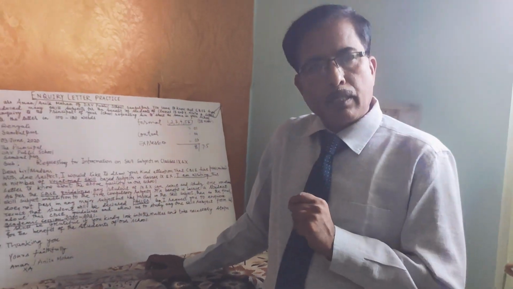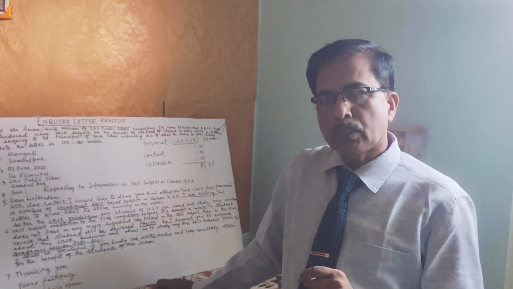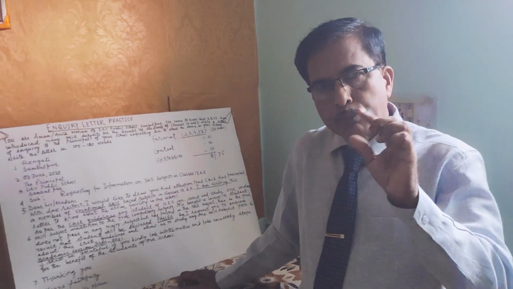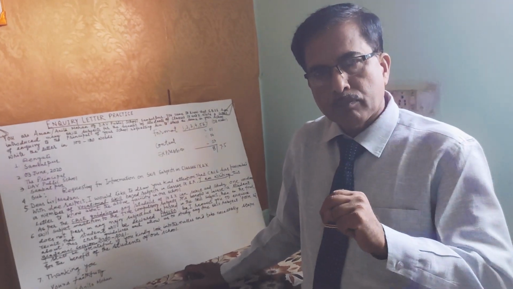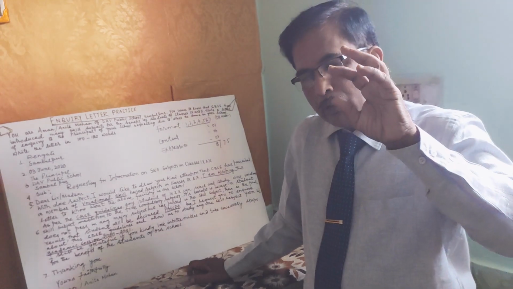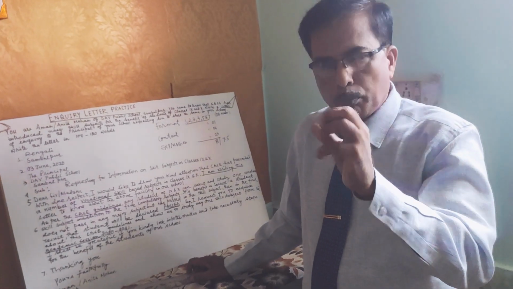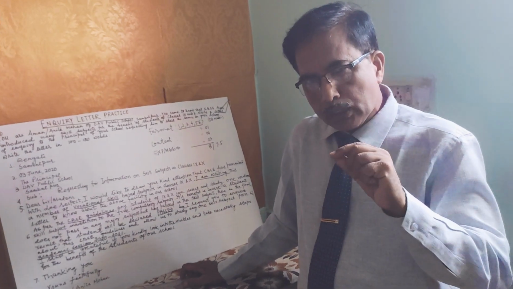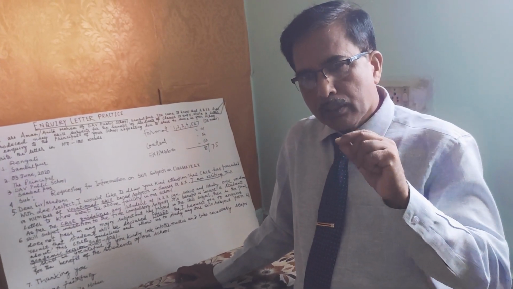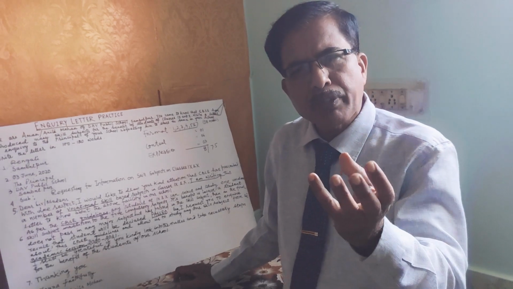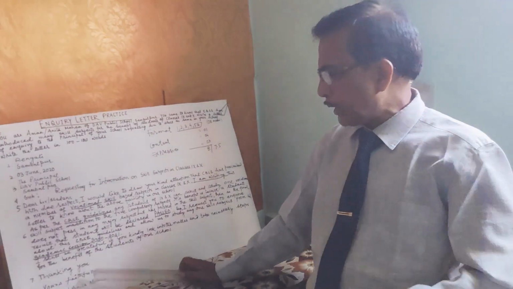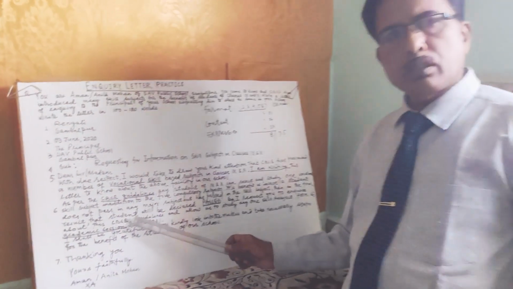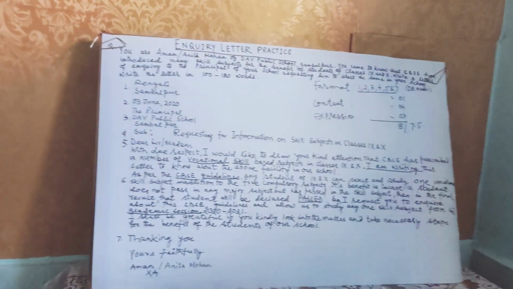In the second paragraph, we have discussed 2 things. First, we have discussed the topic, its effect, benefits. Number 2, we have also mentioned what type of favor, what type of solution we expect from the concerned higher authority. Now let us go to the third paragraph.